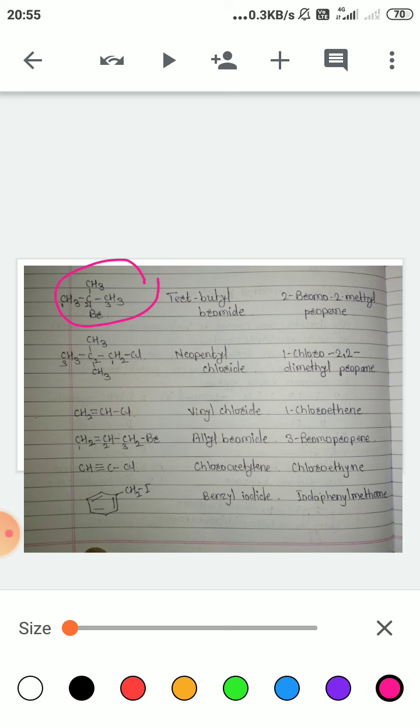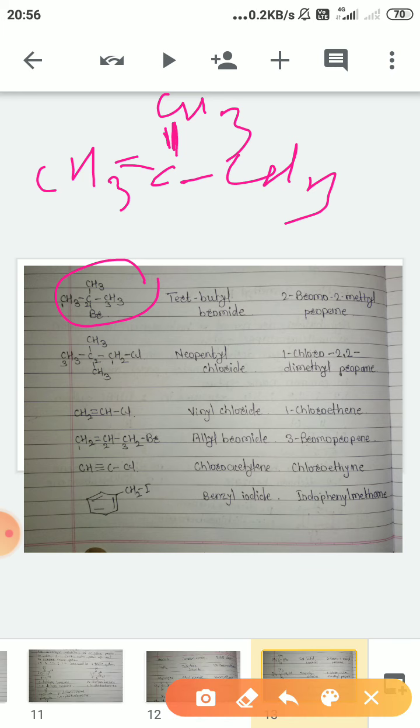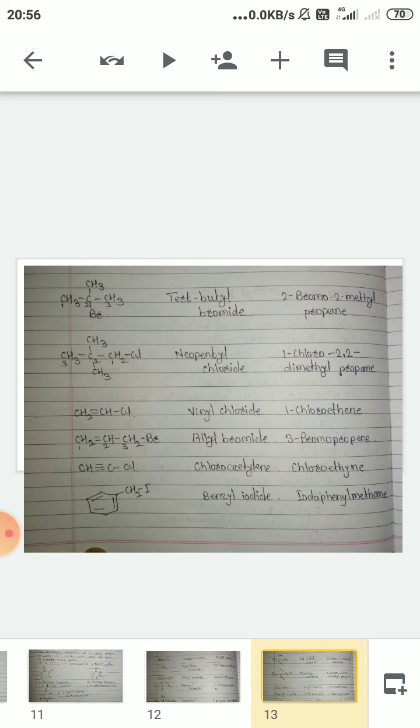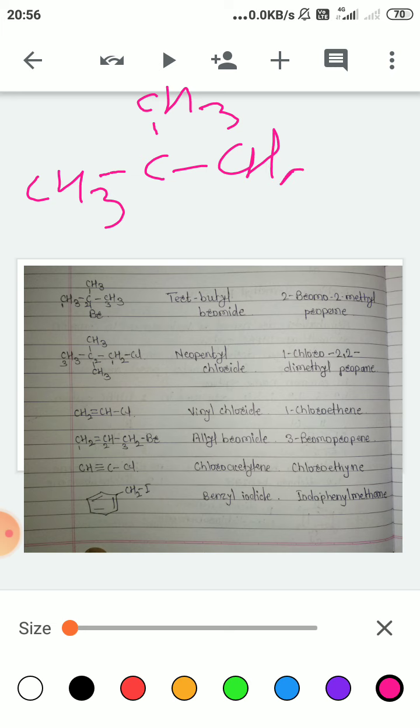Write down the compound: CH3, C, CH3, CH3, only single bonds, and Br.